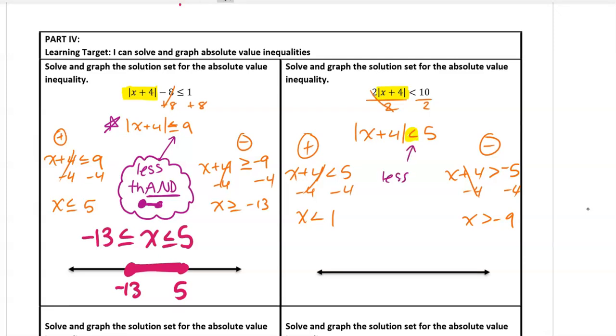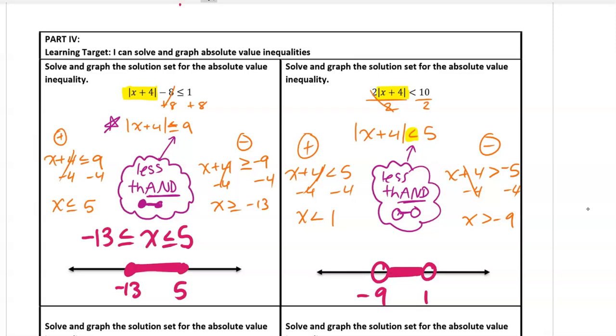Less than means less than, and that means we're going to be coloring in the middle. This inequality does not have an equal sign underneath it, so we are not shading in the circles. Just coloring in the middle. Now our inequality will say negative 9 less than or equal to x, less than or equal to 1.